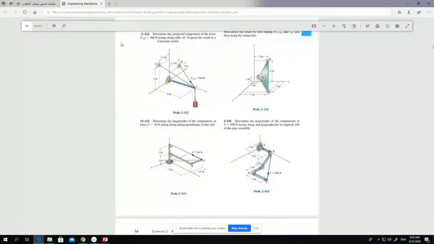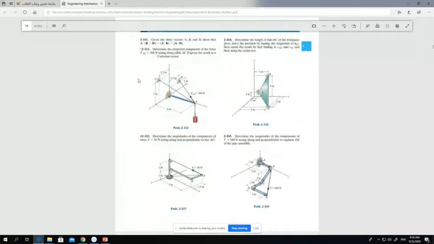So this is the exercise we are doing. I was telling you that this is the exercise we are doing, right?